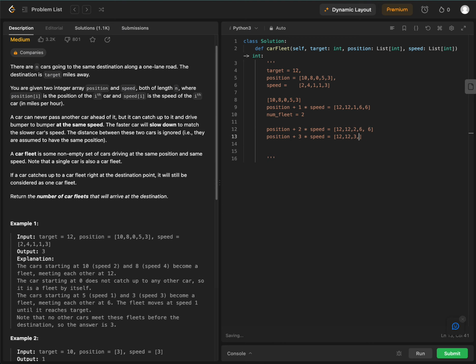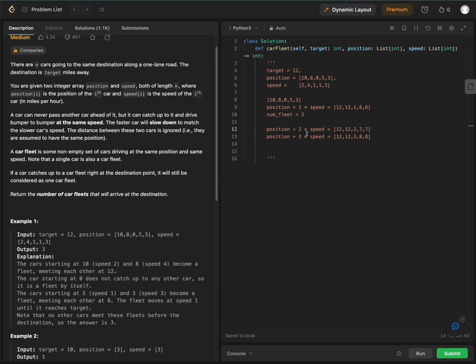The 6 and 6 increase based on the speed of the slower one, so this becomes 7 and 7, then 8 and 8, and so on until it eventually becomes 12.